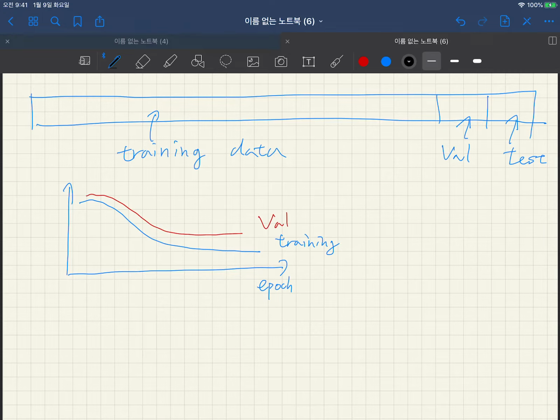There are a lot of hyperparameters: the width of your neural network, so each layer's number of activation units, and the number of layers, which is also an important hyperparameter, and the learning rate.